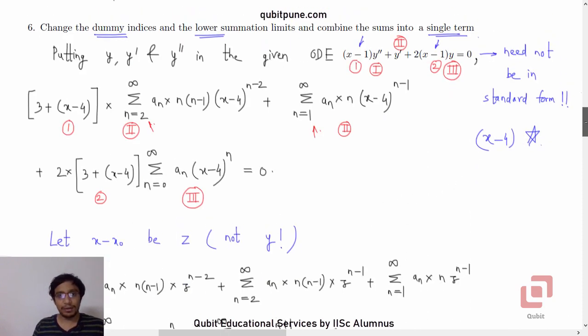Now for simplicity, we will assume that x minus x naught is z. Don't assume it to be y, because y is the dependent variable. Also z is not any complex variable here. z is simply the real variable, x minus 4. So let me write it here, z equal to x minus 4. Now this is going to simplify our task of writing x minus 4 every time.